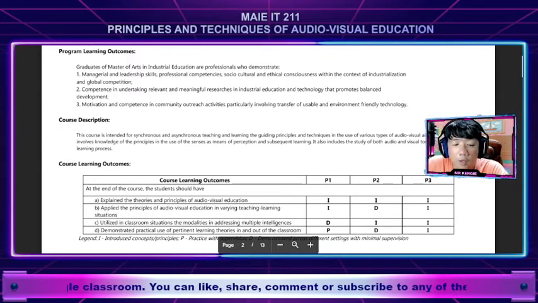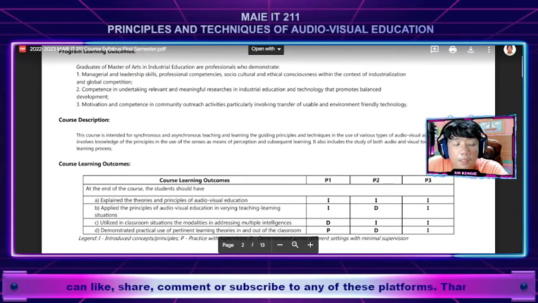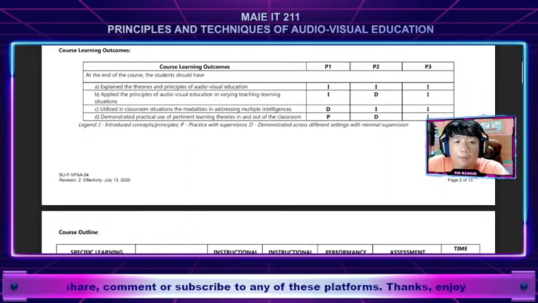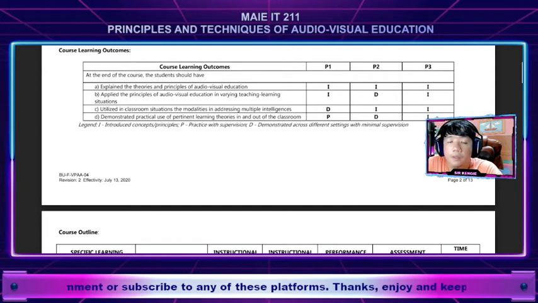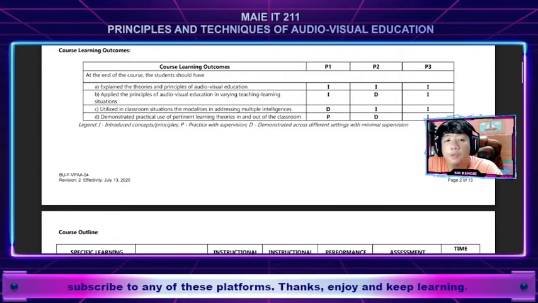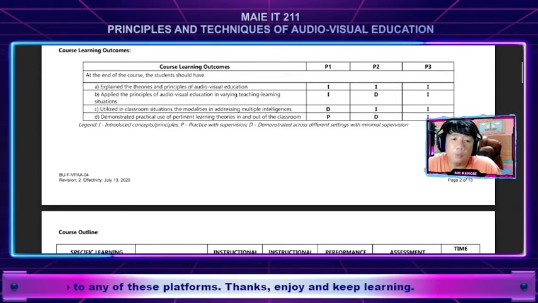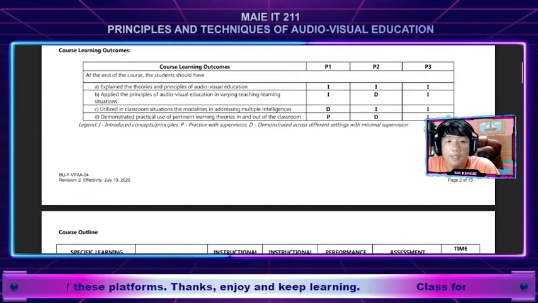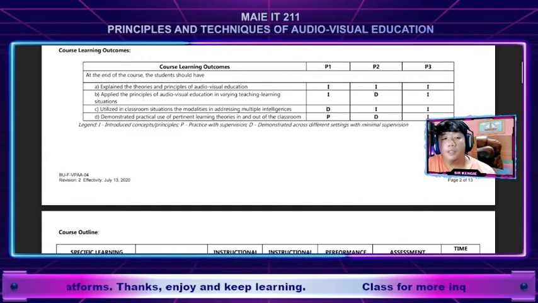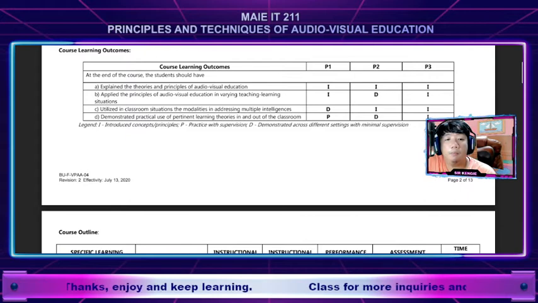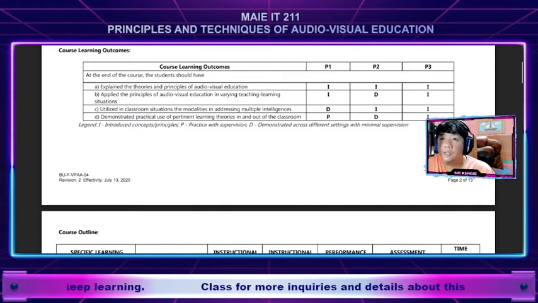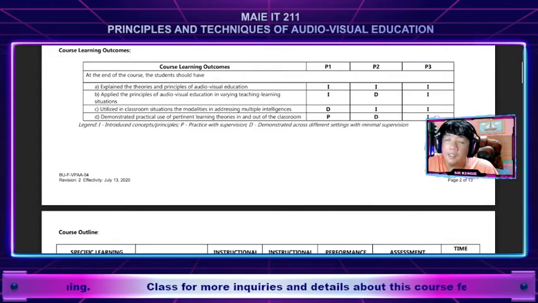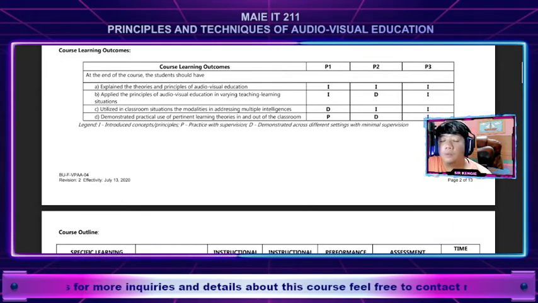For the course learning outcome, these are my expectations of what my students will learn after they finish this course. First, explain the theories and principles of audio visual education. Here, you have to understand and appreciate what is audiovisual education.